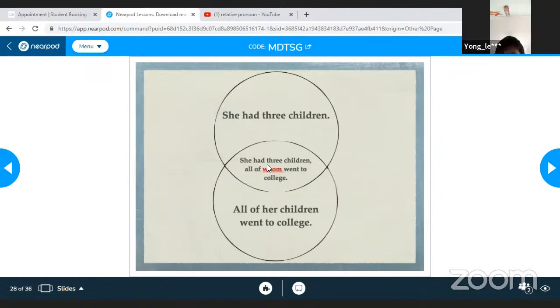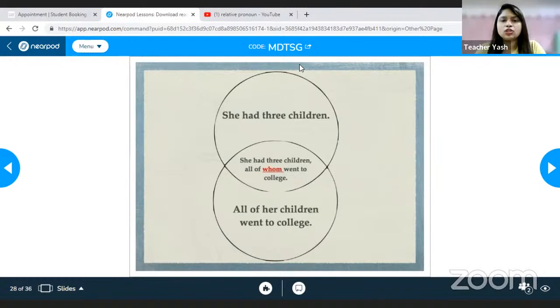She had 3 children. All of her children went to college. She had 3 children. All of them went to college. Yeah, so she had 3 children. She had 3 children, all of whom went to college. Okay, this is how they make into one sentence. All of her children went to college.